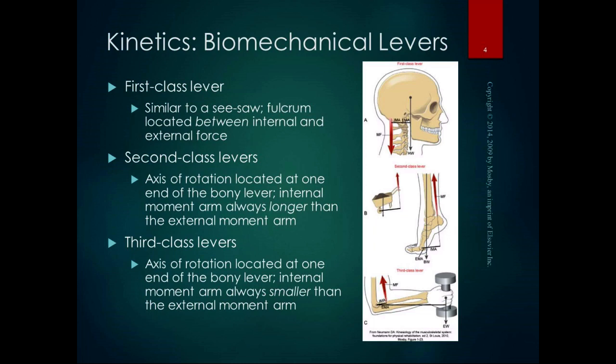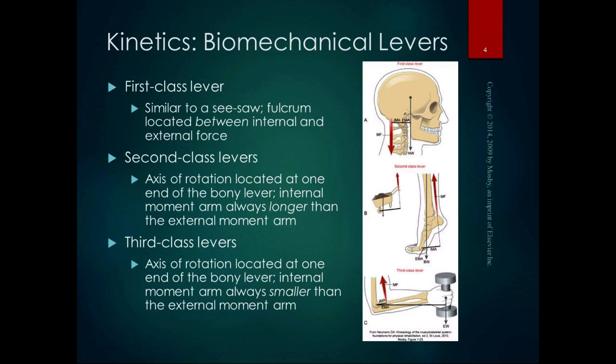So the internal moment arm is the force, and the external moment arm is the resistance. Resistance is in between force and axis. Third class lever, the axis is at one end, the resistance is at the other, and the force is in the middle. So the axis of rotation is located at one end of the bony lever, internal moment arm always smaller than the external moment arm.